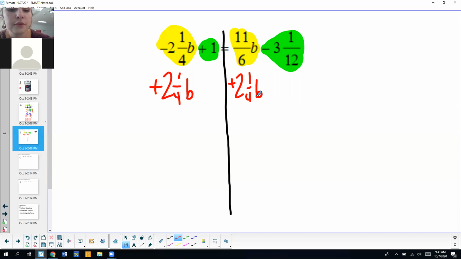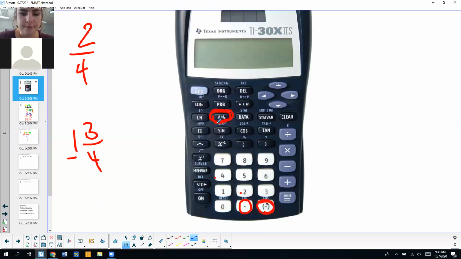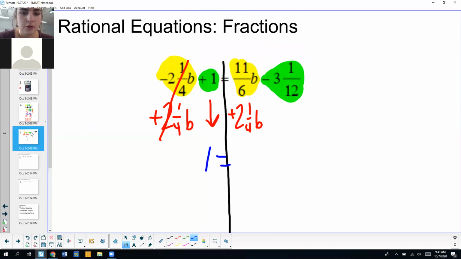Negative 2 and 1/4 B plus 2 and 1/4 B cancels. So on this side, I'm just going to bring down 1. And this is the part where we pick up our calculators. Remember, we enter using that ABC button, which is right under PRB.